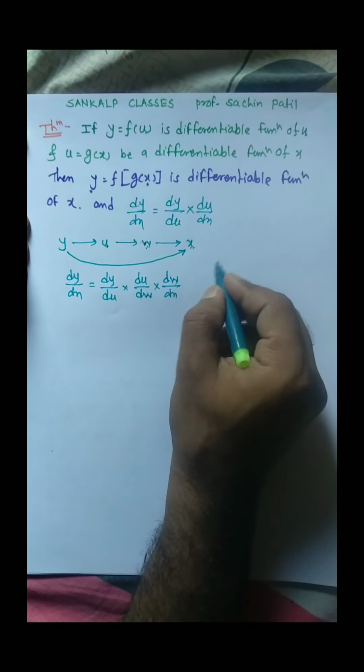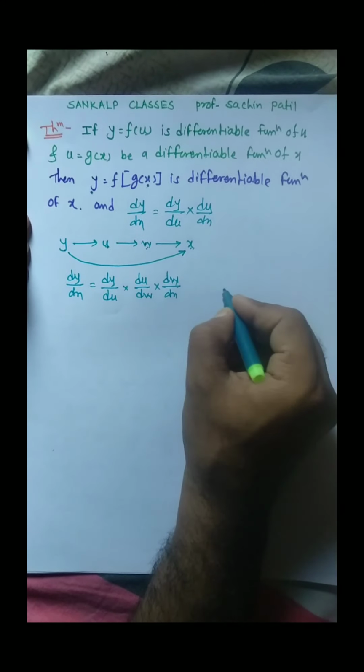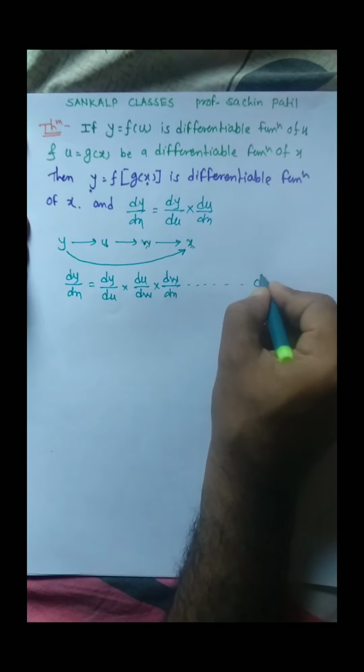Similarly, if dependency increases, you will get the multiplication of those derivatives, and so on, and this is nothing but the chain rule.